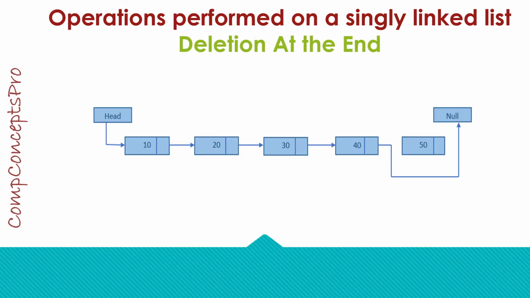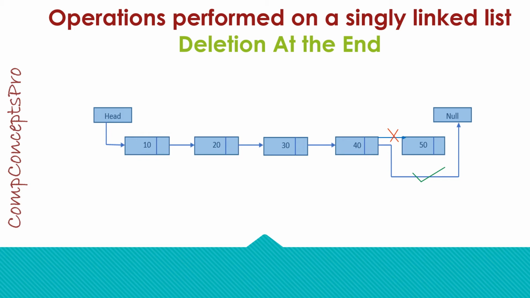Now let's see deletion from the end. In case of deleting the last node of the list, we have to make the next pointer of the node previous to the last node null. And then we can delete the last node.